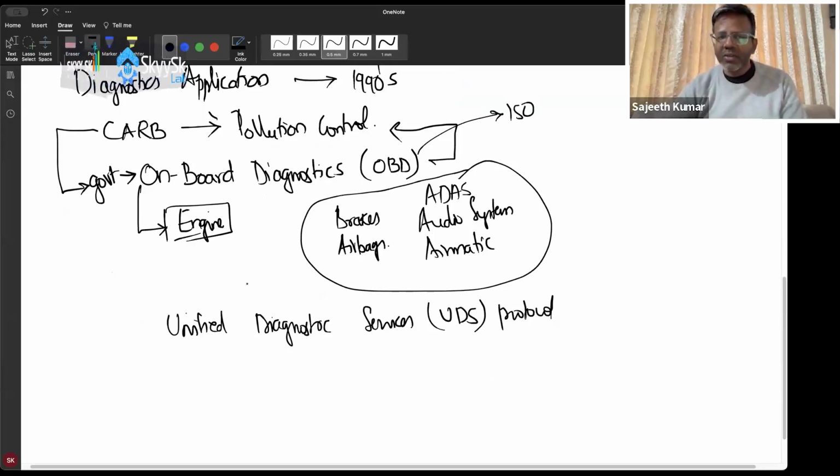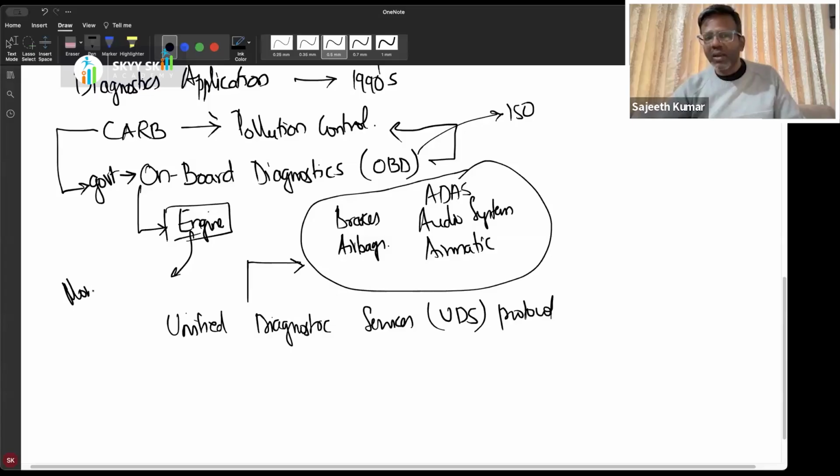So what they decided was, hey, government guys, you mandate us to do everything for the engine. And the main problem is that if it is with respect to the engine OBD, this has to be monitored by anyone, which means it is open access. You cannot control who accesses it.